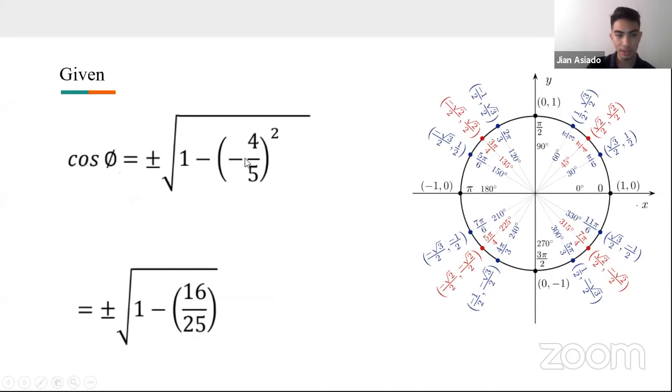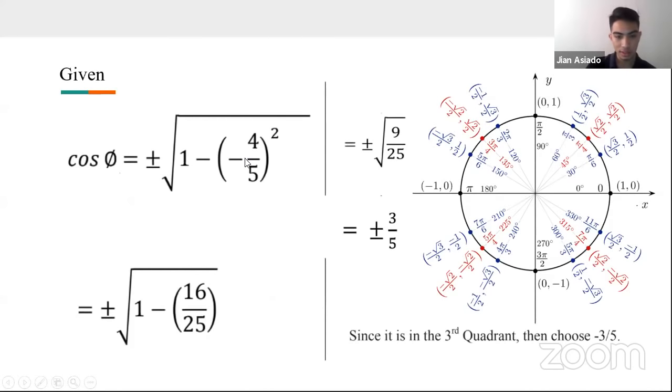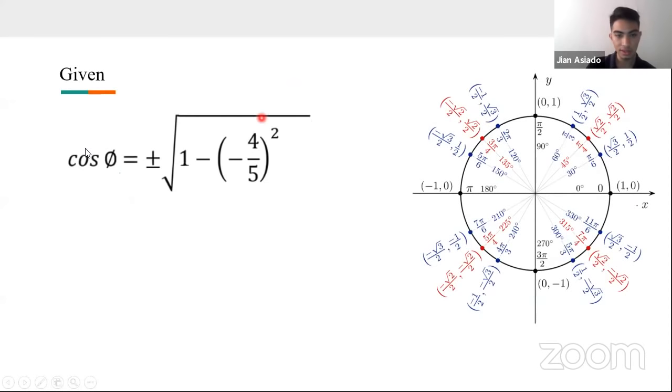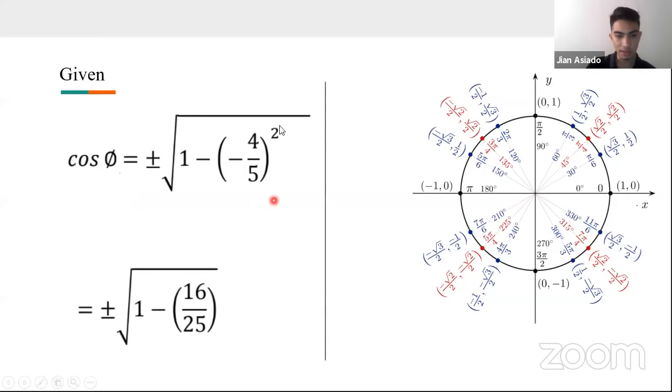And then 1 minus. Coming from this, substitute to this, naging ganito. And then squared, no? 4 squared, 16, 5 squared, 25. Mawawala yung negative. So simplifying pa, yan, the square root. So 3 over 5 to, no?